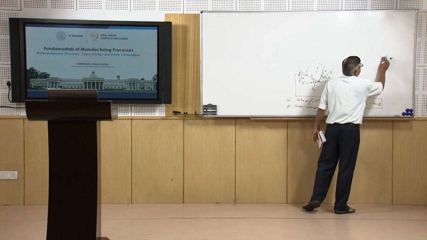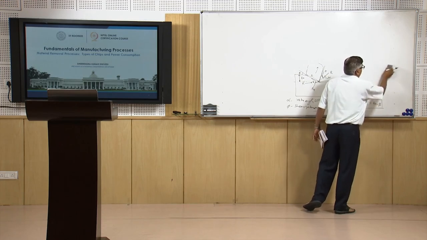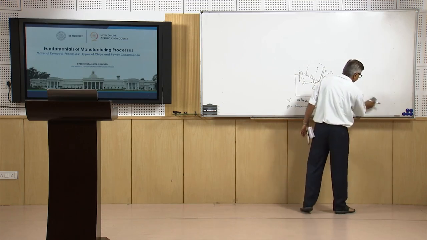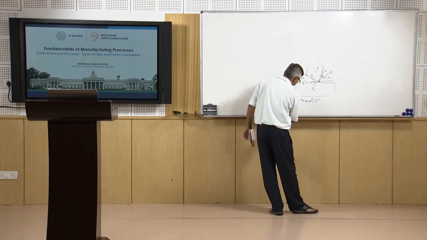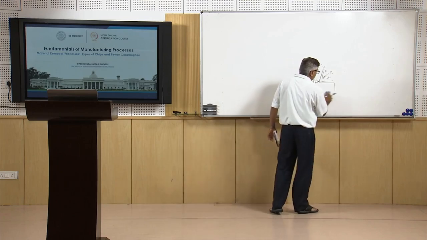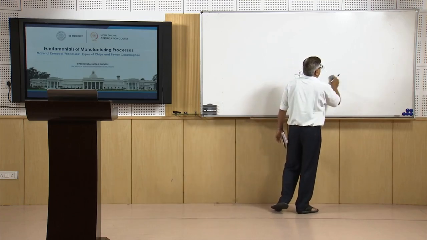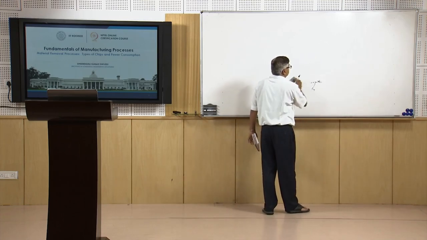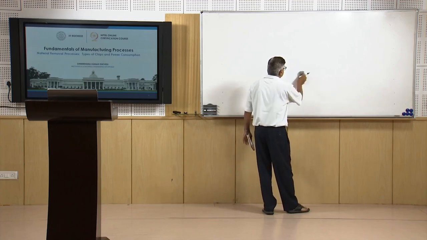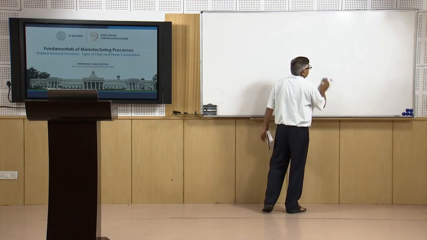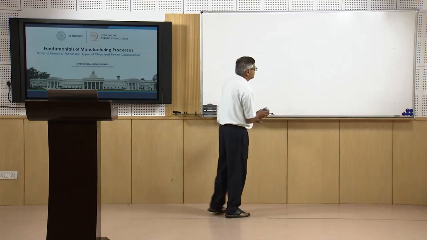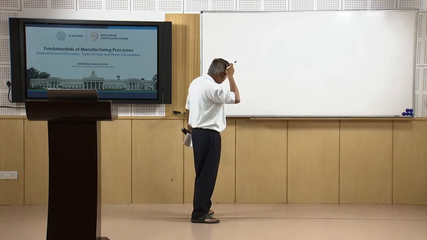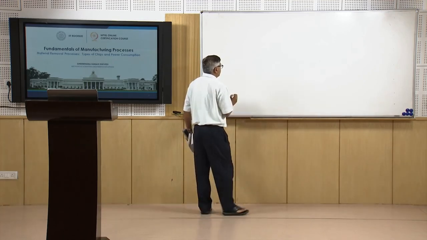He had established one equation with the help of this Merchant theory, and he had obtained that the conditions which will be leading to the minimum energy requirement for shearing can be obtained through the values of the friction angle and the rake angle.